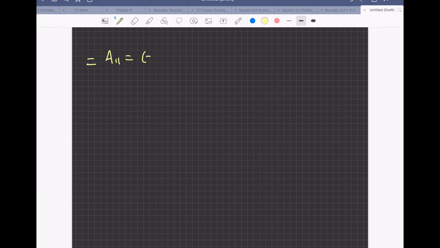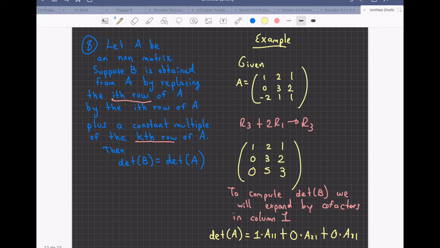And this is negative 1 raised to the 1 plus 1 times the determinant of the matrix of the minor 1,1, eliminating the row 1 and column 1 in this matrix. Oh, I'm sorry. We're supposed to be computing this on B, but it's going to be the same as A. Formally I'm using B here, so we're working with this matrix.